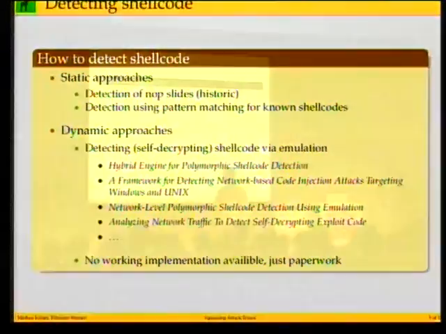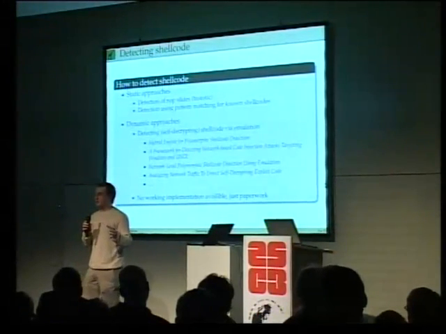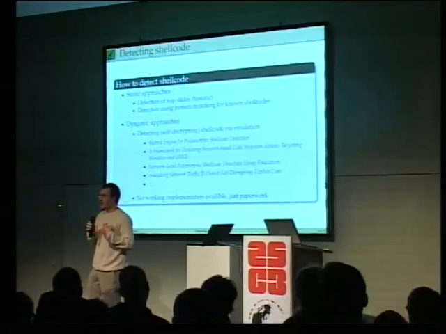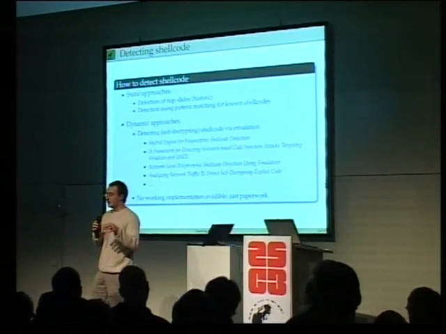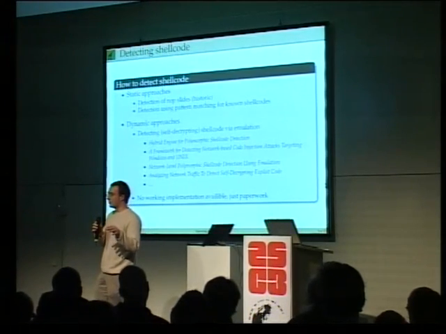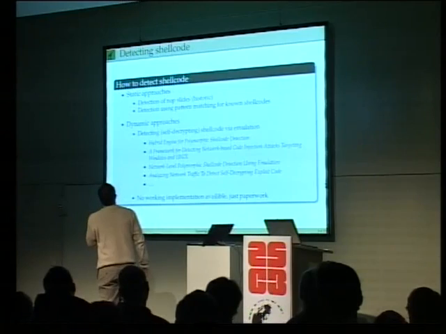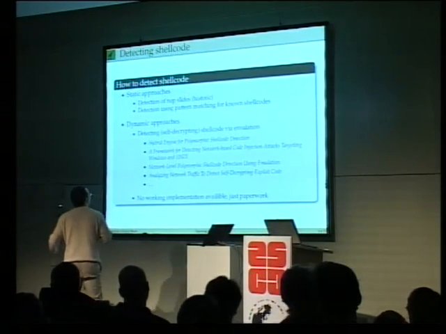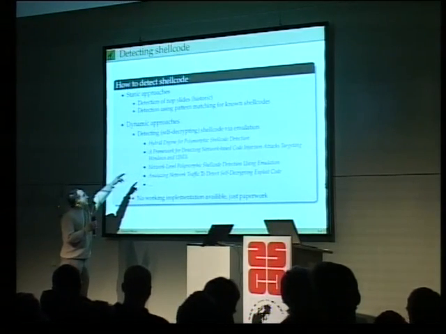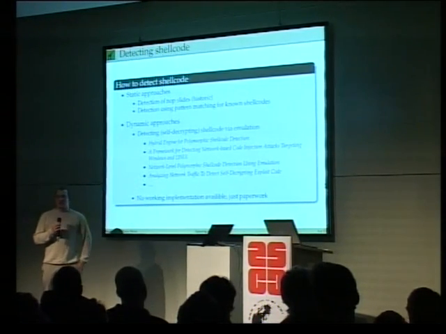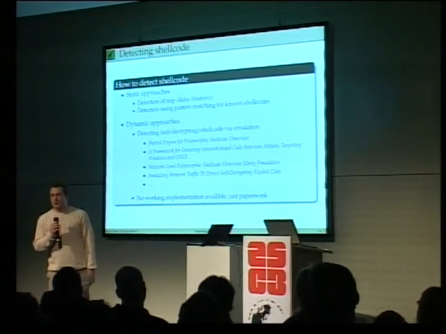Detection using pattern matching for the decrypting part of a shellcode works, but the more patterns you have, the slower it gets, and it's pretty easy to create new decoders which do not match any signatures. And there were some dynamic approaches, and these are titles of publications. It's about detecting self-decrypting shellcodes using a technique which is called getPC.